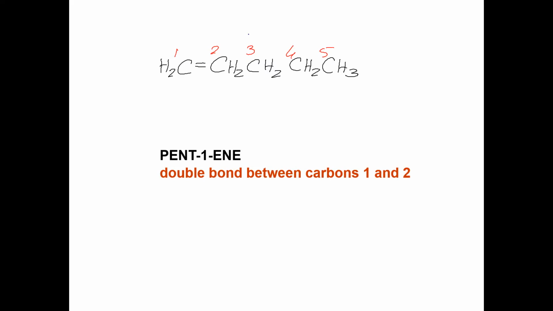Now copy this example. In this, if you change the position of the double bond, it becomes pent-2-ene or pent-3-ene, right?